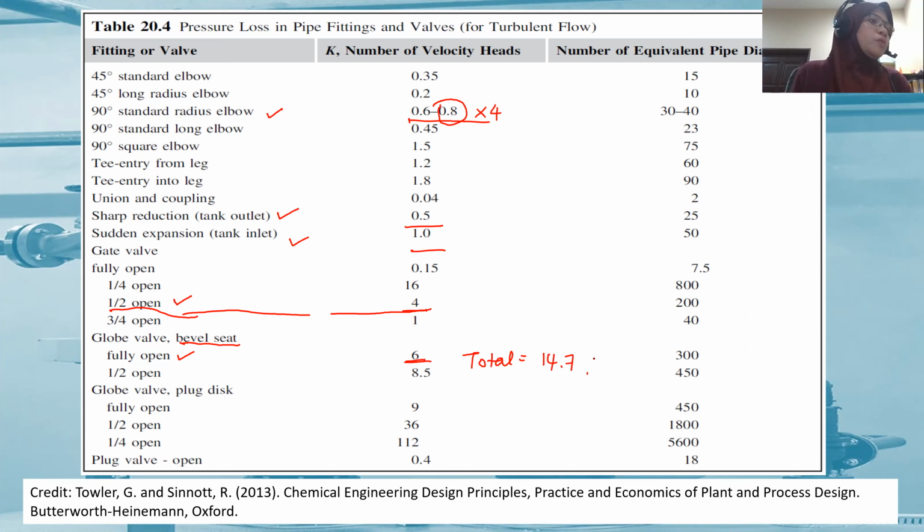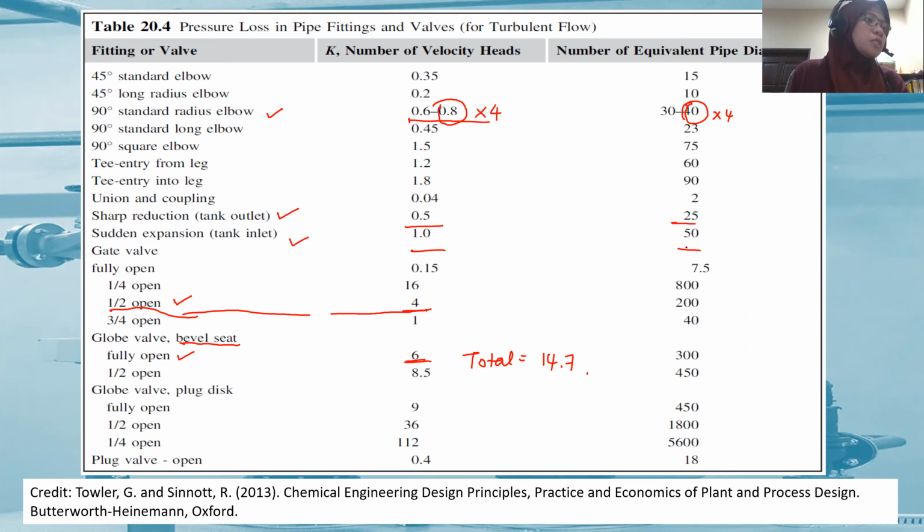14.7. And then the same thing here, the equivalent. So we are going to refer to this, 40 times 4. And then we have 666. We are going to use this, or is it this?